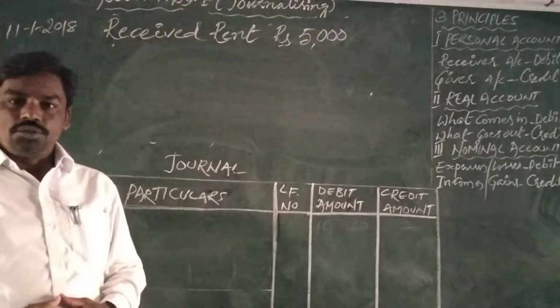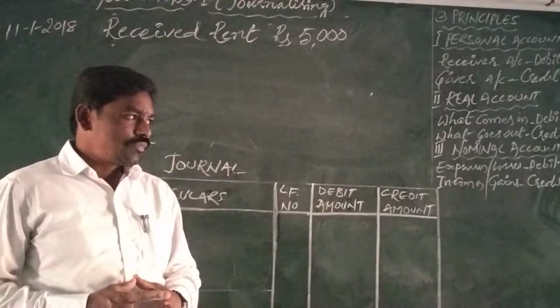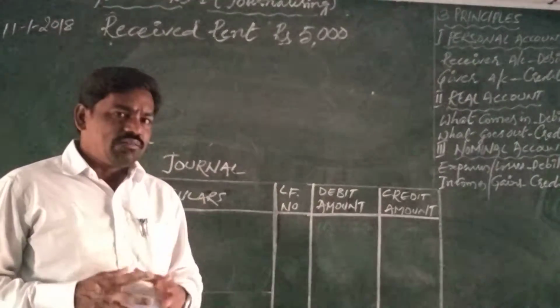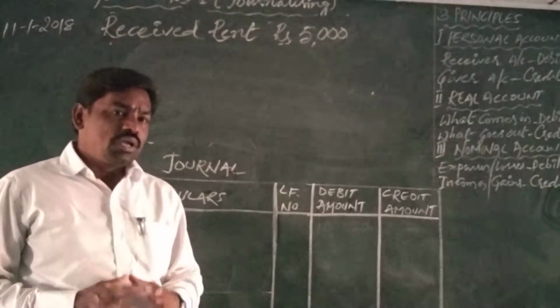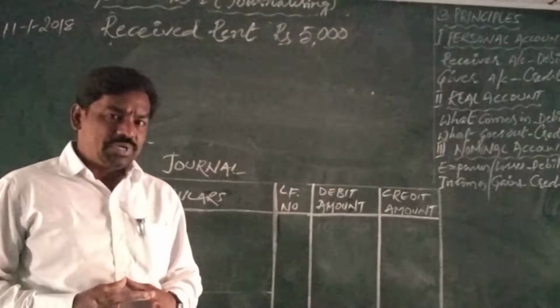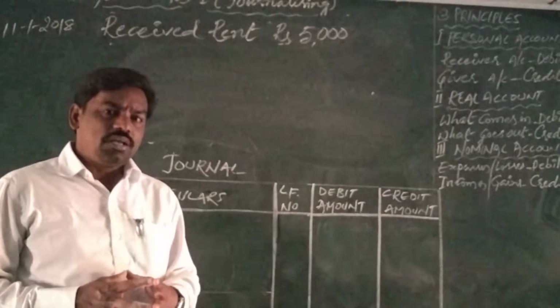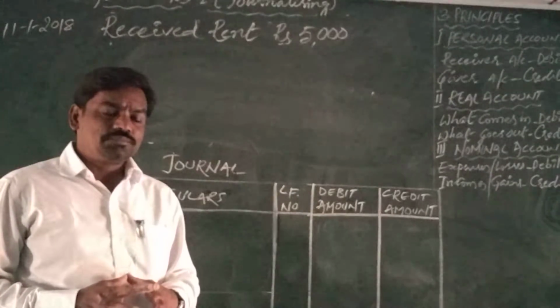Students, you all know there are three types of accounts. One is personal account, second one real account, third one nominal account. And these accounts have their own principles. Personal account principle is debit the receiver, credit the giver.